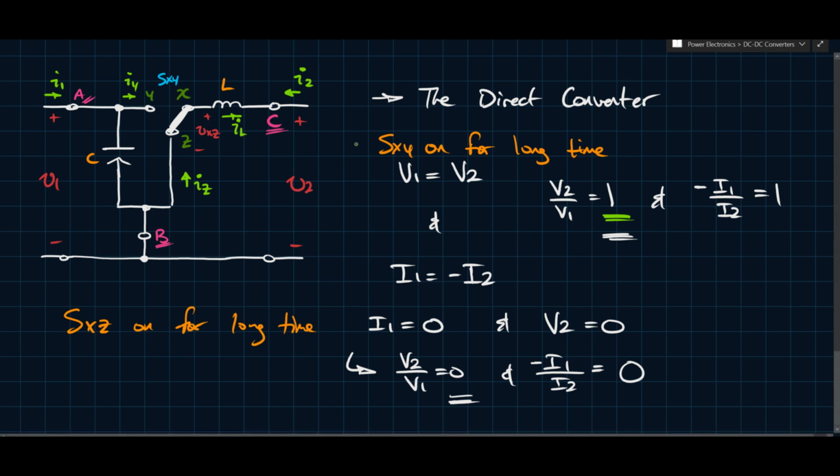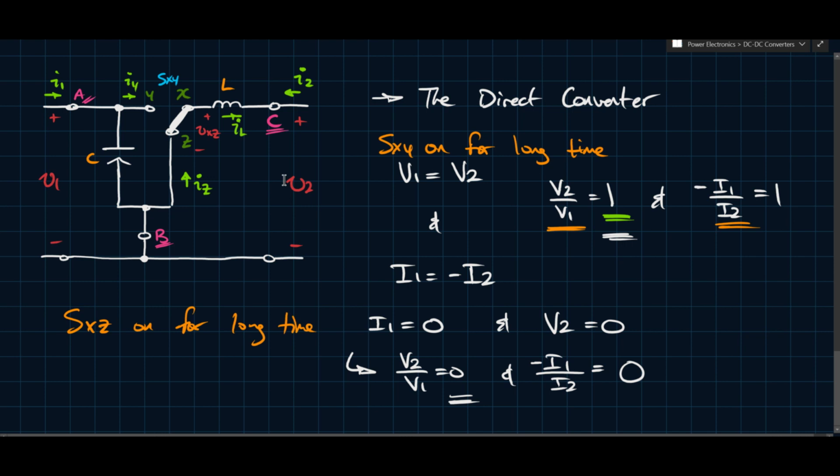So I mentioned that we call this the voltage conversion ratio, and this is the current conversion ratio. Again, what it does is it gives you a relationship between the input and the output, and it tells you basically what type of gain you can expect from your converter.